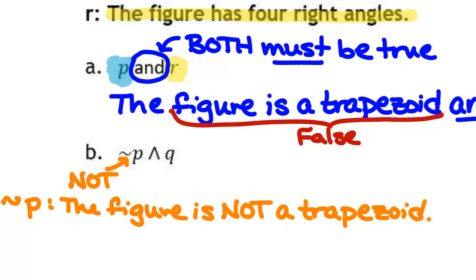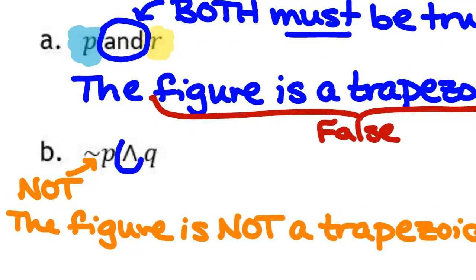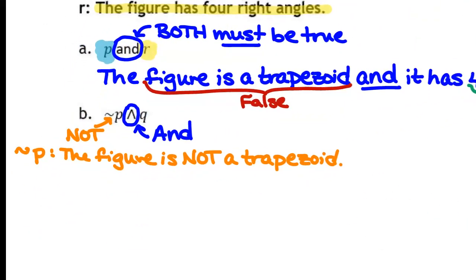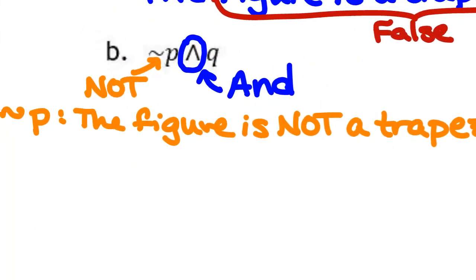And then what does this symbol right here mean? Careful. It's like a mountaintop or a capital letter A. This is our and symbol. So we're going to put these two statements together with and in the middle.